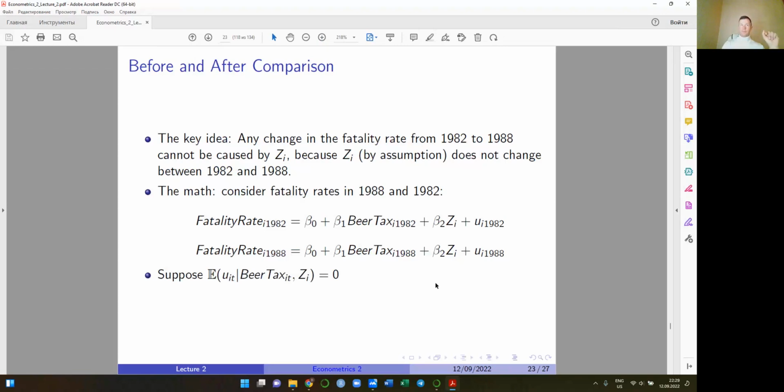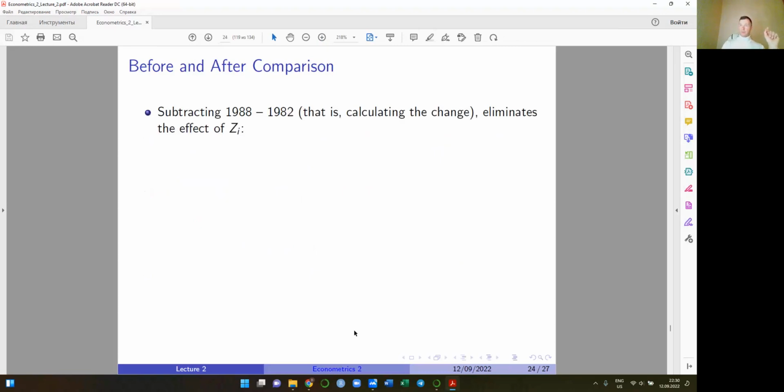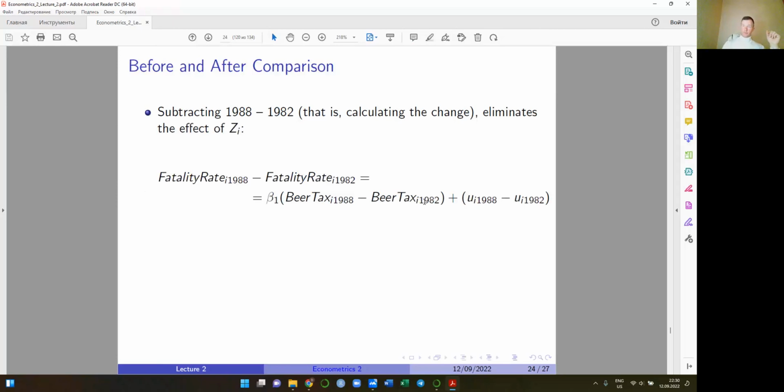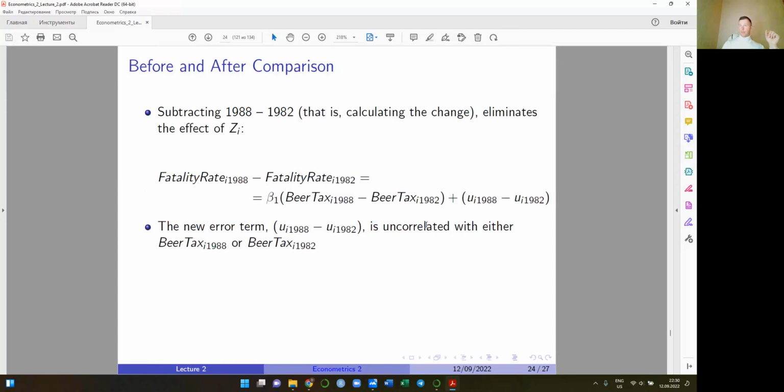First of all, we assume that once we consider this model, the conditional mean independence assumption holds. And then when we take the differences, we get the following regression model. We have a change in fatality rate here, and we have a change in the BRICS here. The new error term is not correlated with either BRICS in 88 or BRICS in 82.